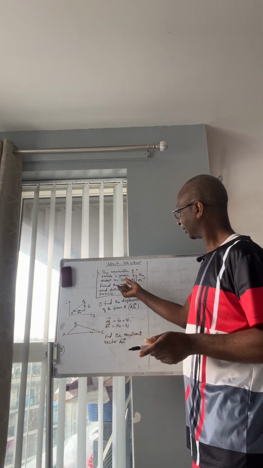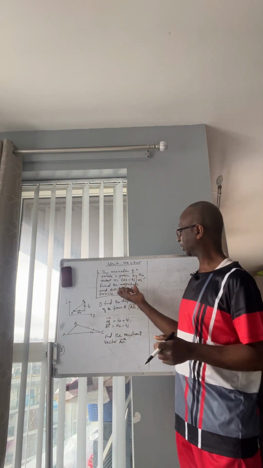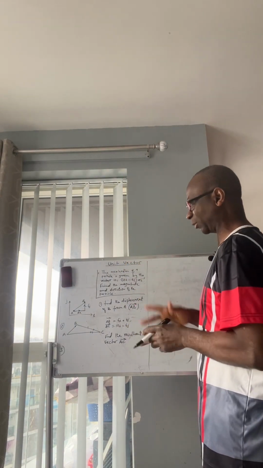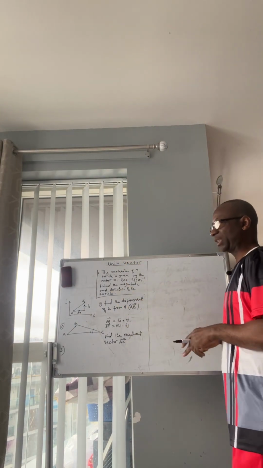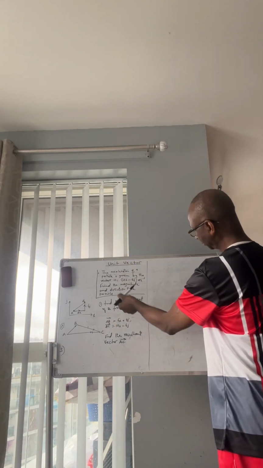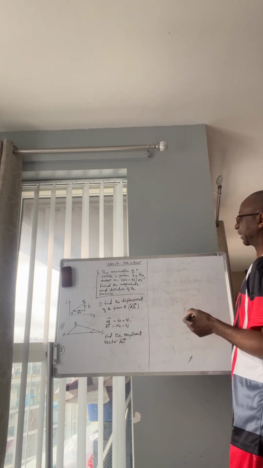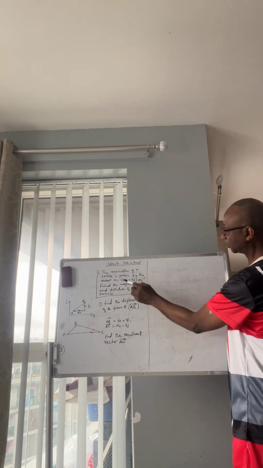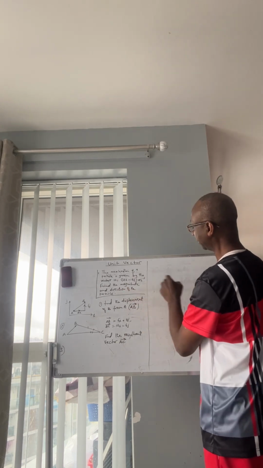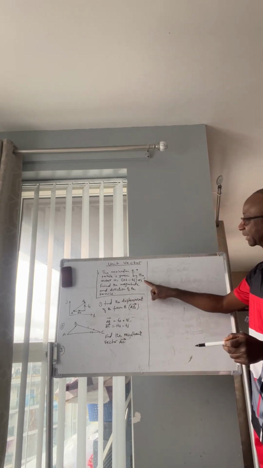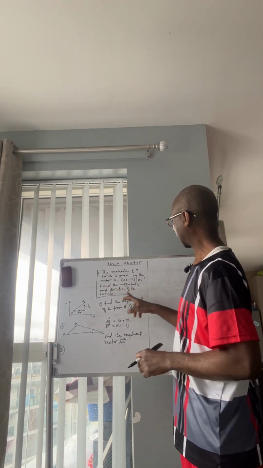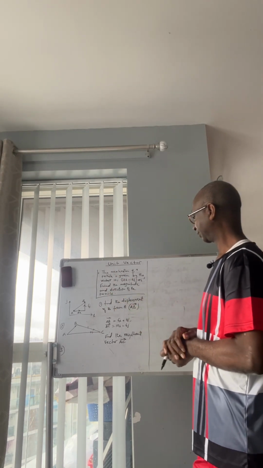Normally physics likes to describe them as just particles because they are so tiny. When you look at space, you look at an aeroplane, whatever, no matter what its magnitude is, it's small compared to the space. So most times they say particle. The acceleration of a particle is given by the vector A equals 12i minus 4j meters per second squared. Find the magnitude and direction of the particle.